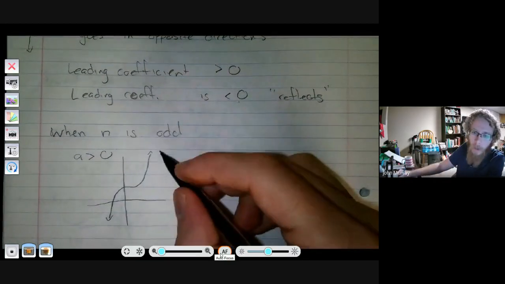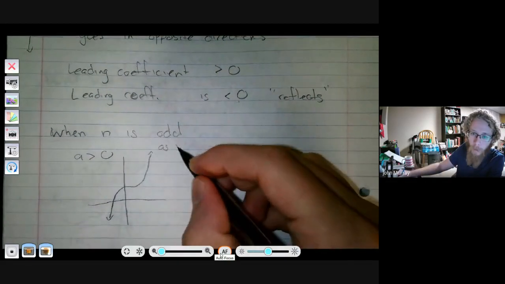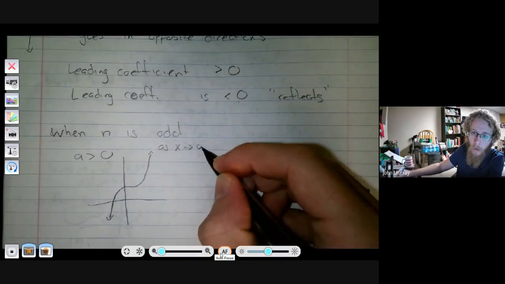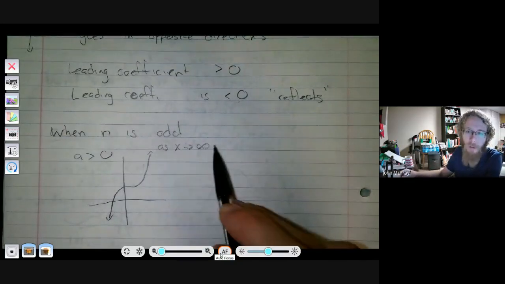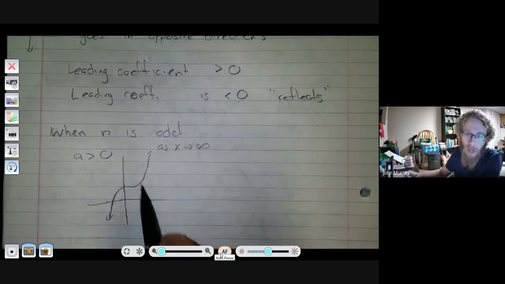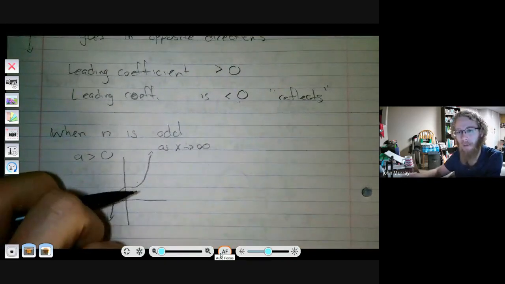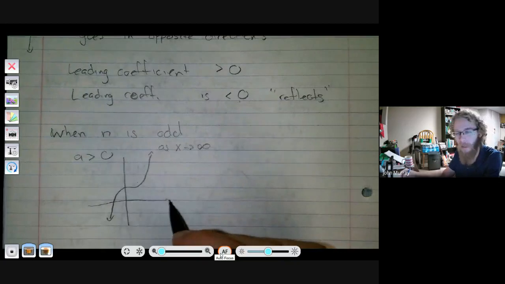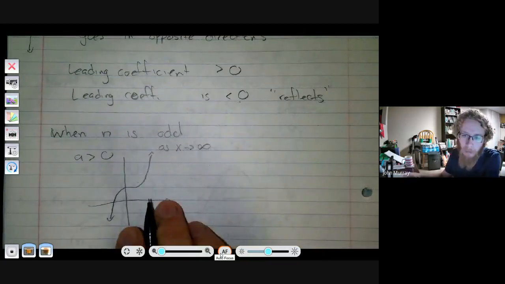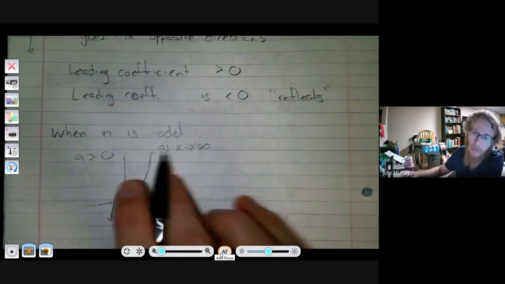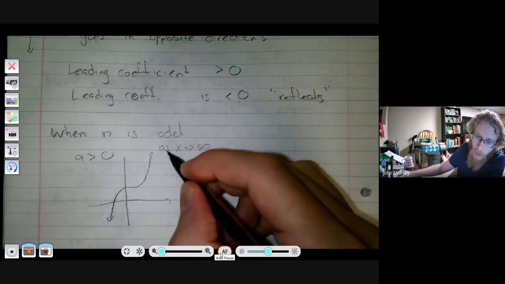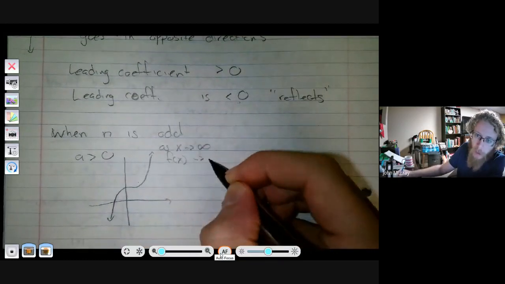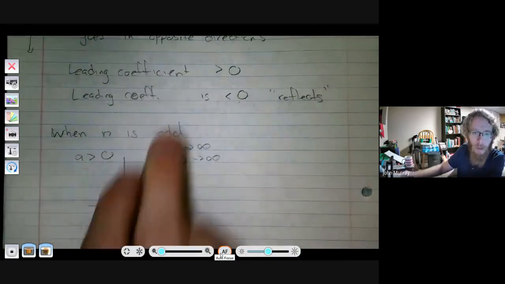So here we say, as x approaches infinity. What this means is as we're looking at the graph moving to the right. Okay, positive infinity means that we go all the way over to the right. So we say as x goes to infinity, our function f of x also goes to infinity.